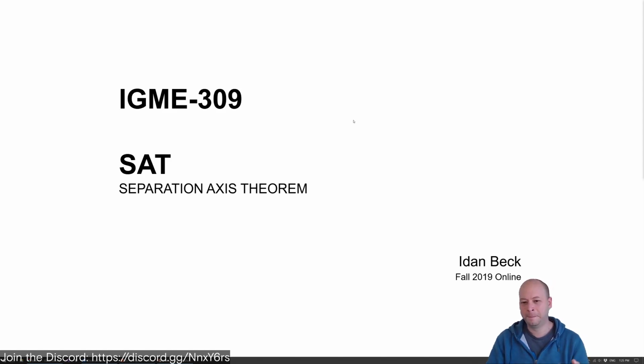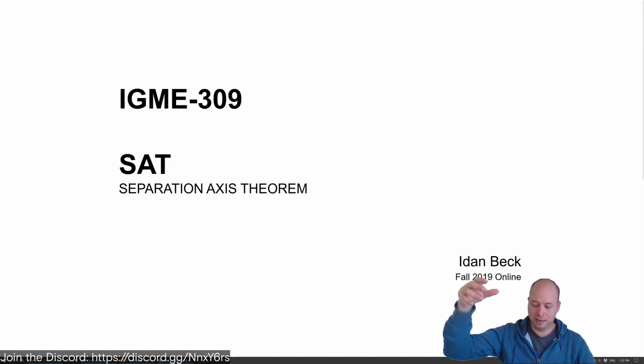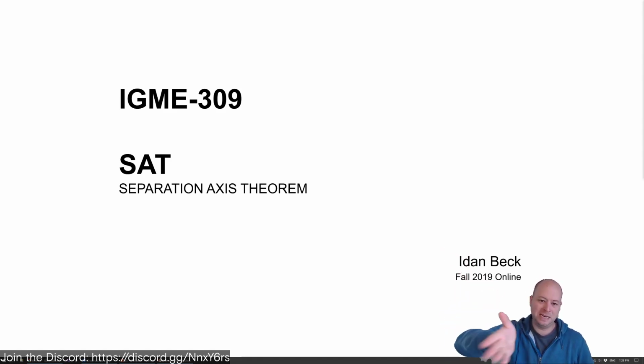Anyways, either way, separating axis theorem ultimately is a very simple idea, which is if I can somehow draw a line or take a plane and somehow put it between two objects where neither object is touching that plane, then I can assume that they're not touching.